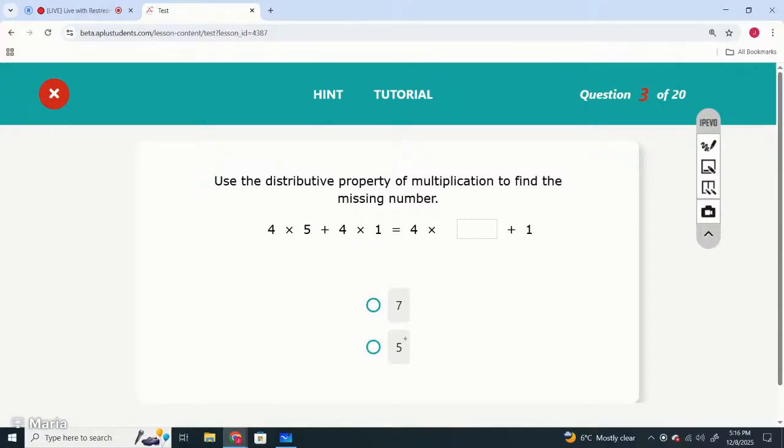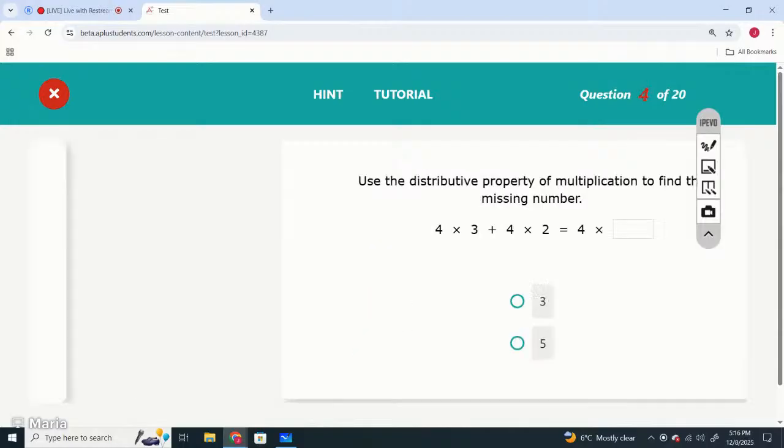That is 5 plus 1. The missing number is 5. Option number 2 is the correct option.